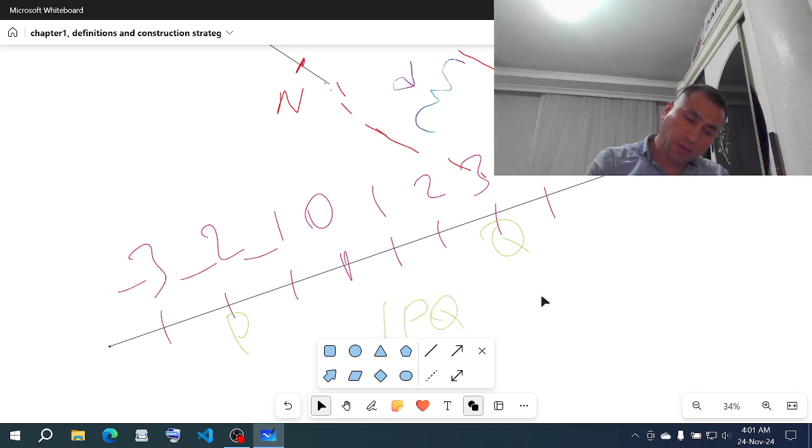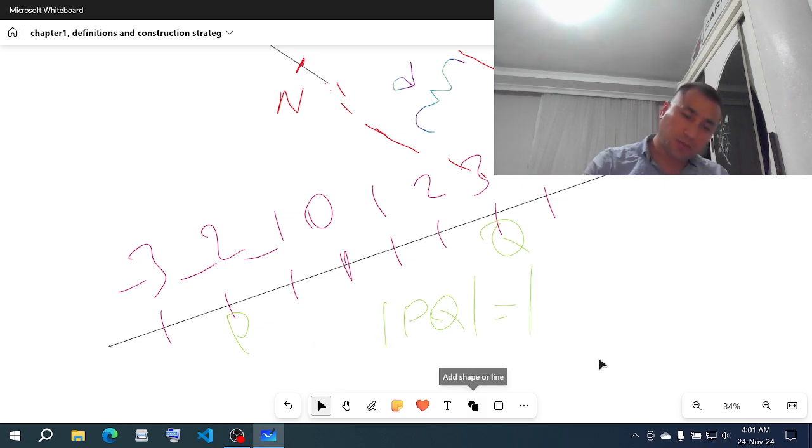So we take the absolute value of that, okay? Let me change the color to something stronger. So that would be P minus Q or Q minus P, it doesn't matter.